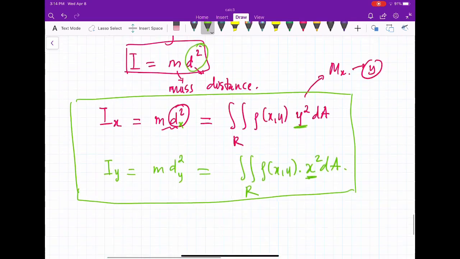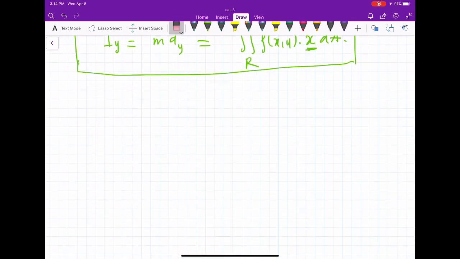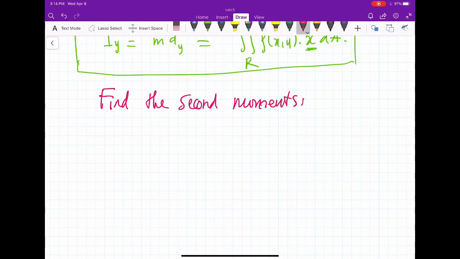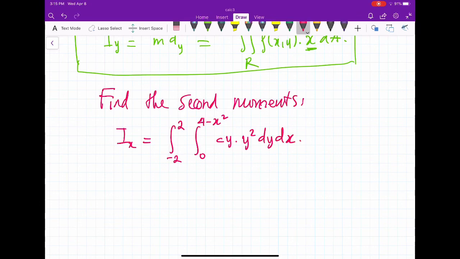Let's find the second moment, or the moment of inertia. So I have Ix equal to the integral from -2 to 2, and here from 0 to 4 minus x squared, of c y times y squared dy dx.